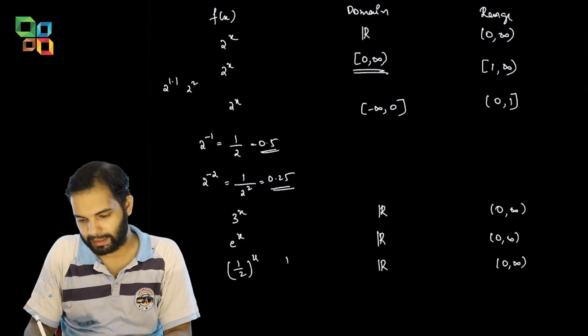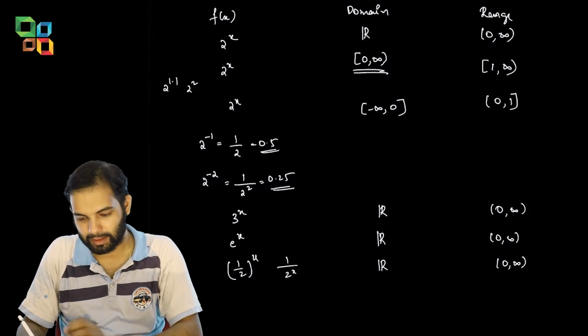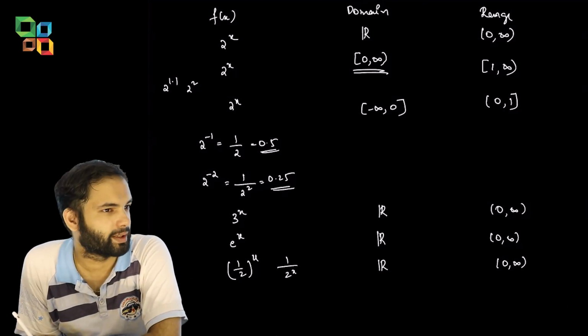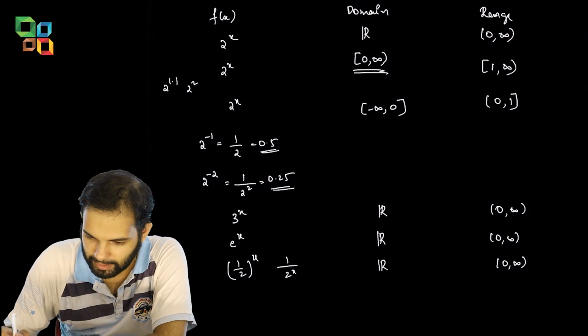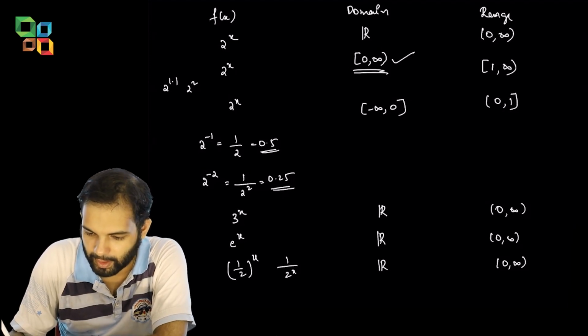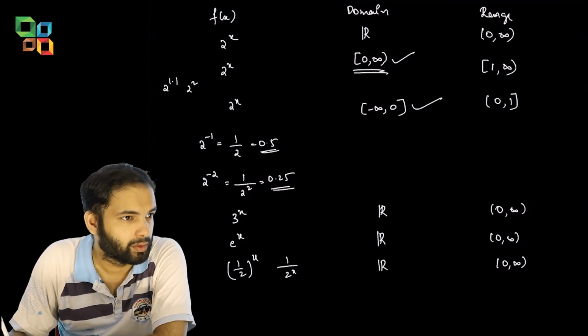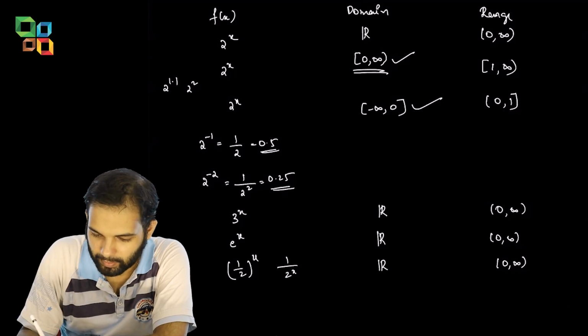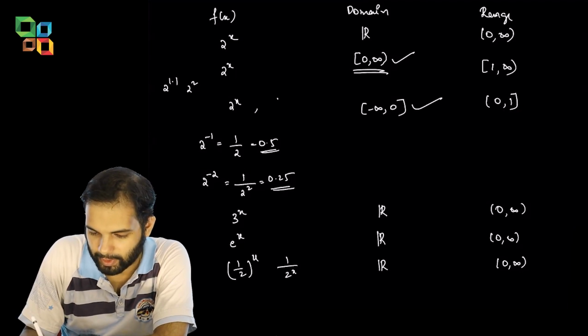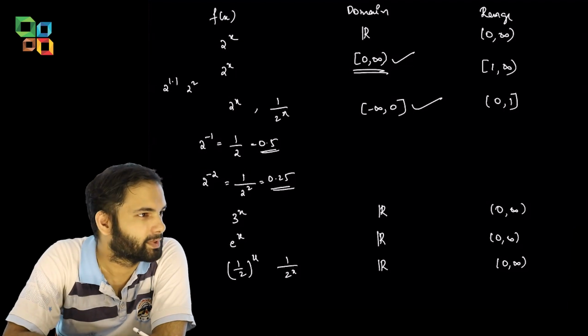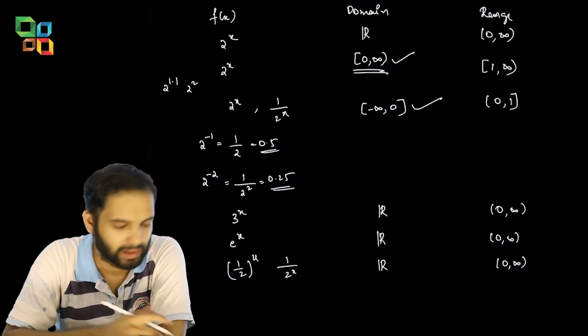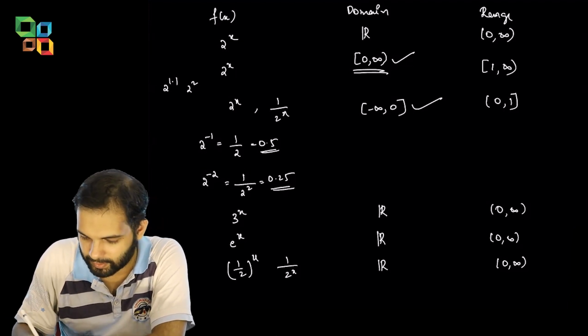Actually, if you want to analyze this differently, look at this. This is same as 1 by 2 power x, correct? Fine. Just look at this example here. When x is negative, isn't 2 power x similar to 1 by 2 power x? Right. And when x is positive, what happens?